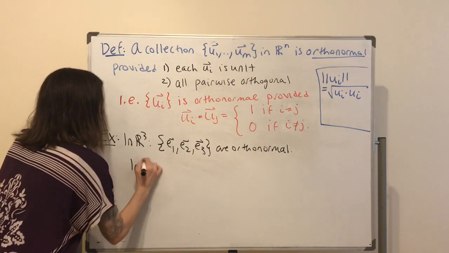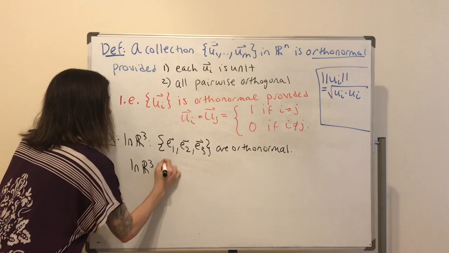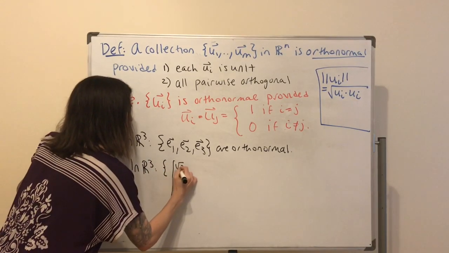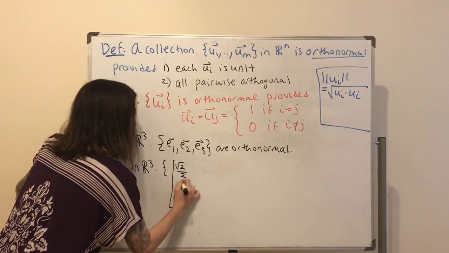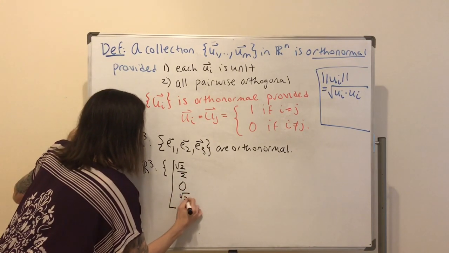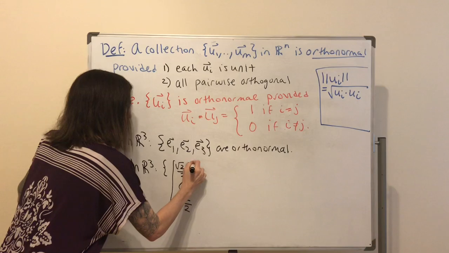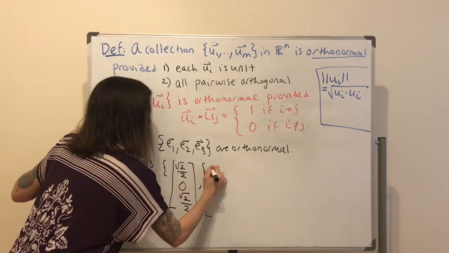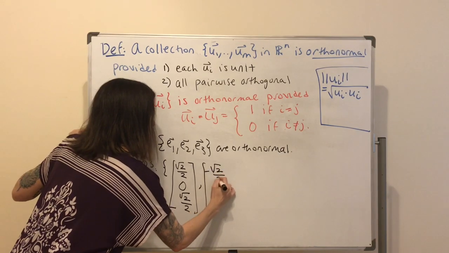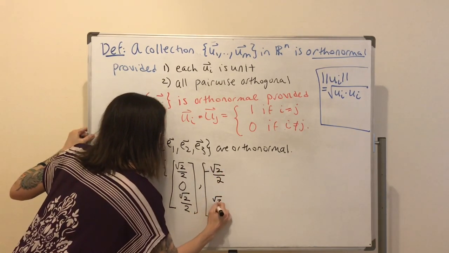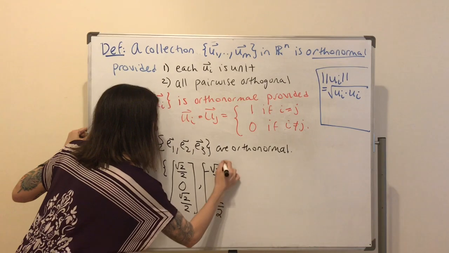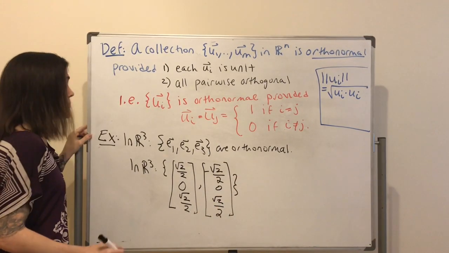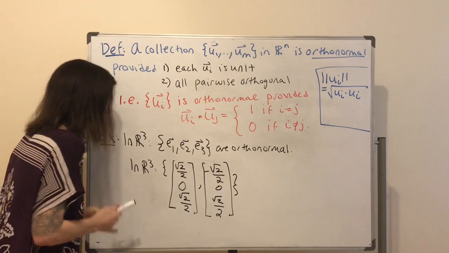These are not the only orthonormal collections. Maybe I'll just do 2. If I took this, okay, and that's one vector. And then how about I do this other one. Both of these are orthonormal collections.